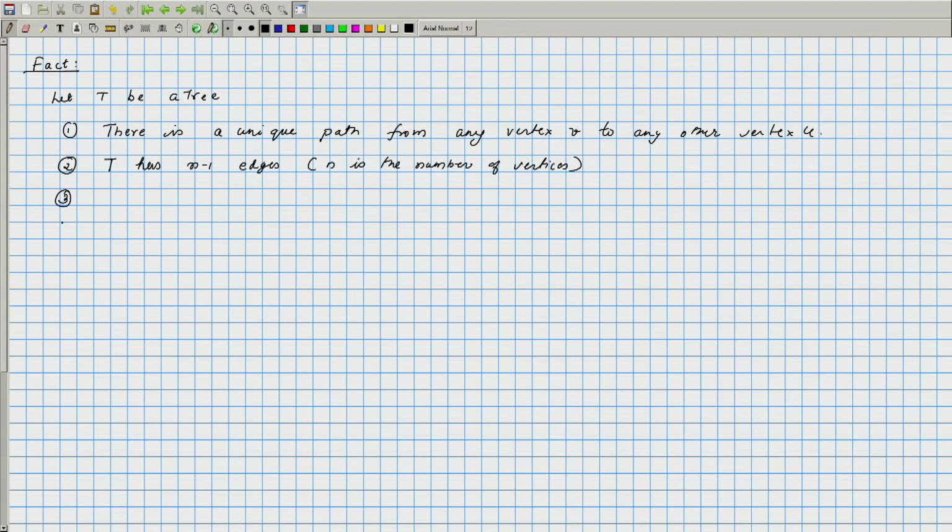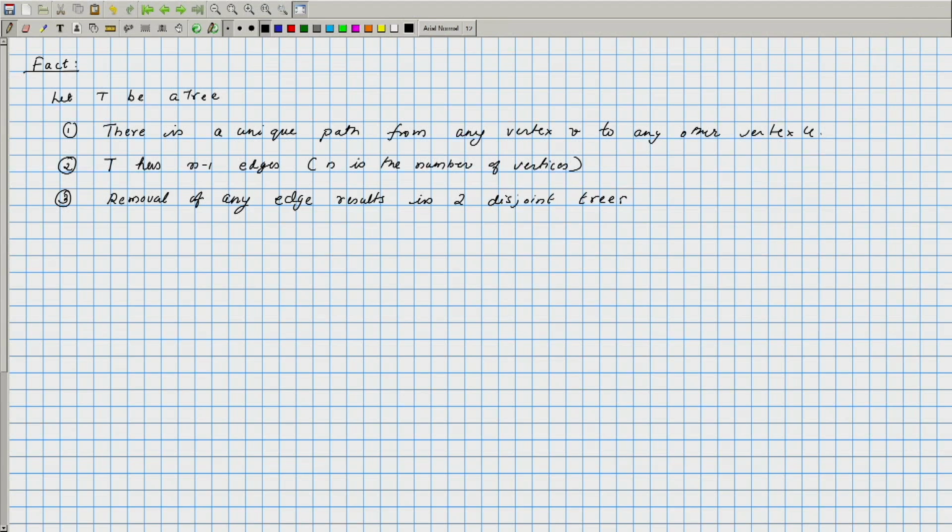The third fact is removal of any edge results in precisely 2 disjoint trees.